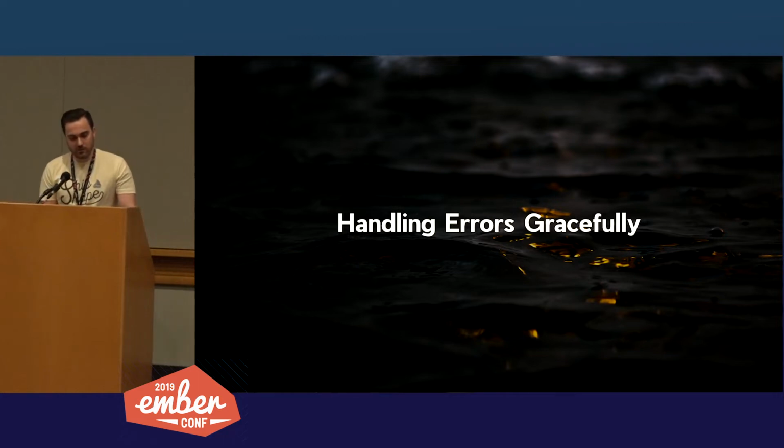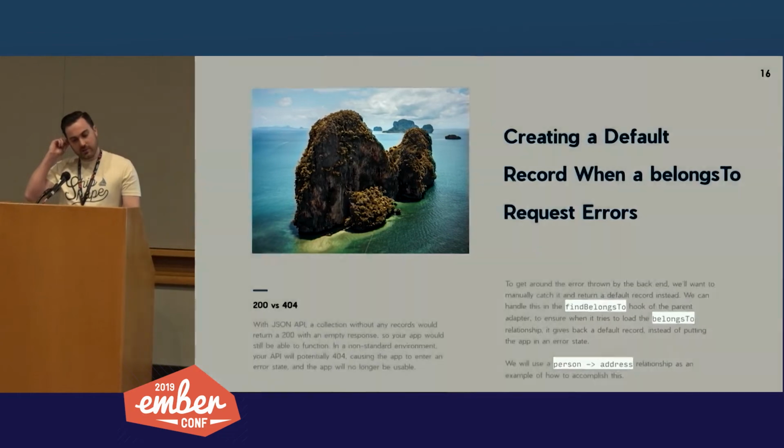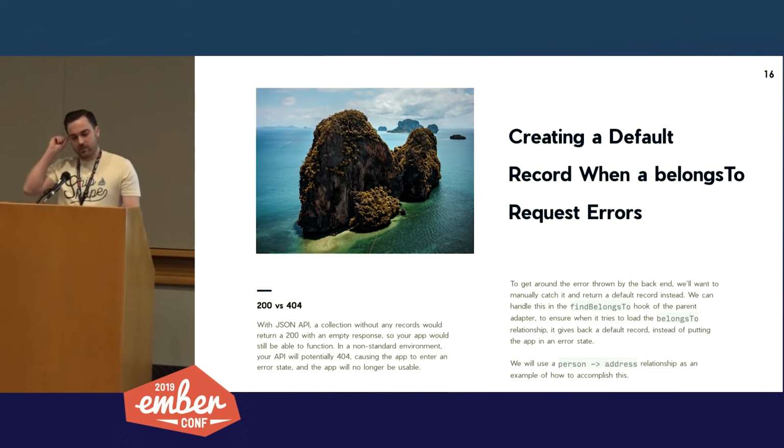So now we're going to talk a little bit about handling errors gracefully and the specific case of doing a find or create type of thing with belongsTo. So if you use JSON API and you do a request for a collection and there are no records for it, it would typically give you a 200 and an empty response, which is good because your app gets to keep functioning. But if you have a different API, it might give you a 404 because there's nothing there.